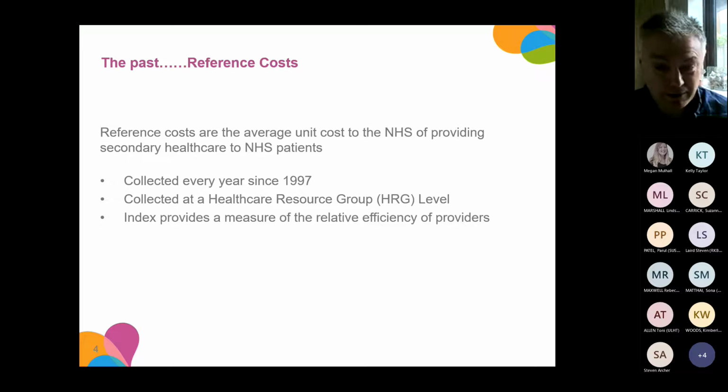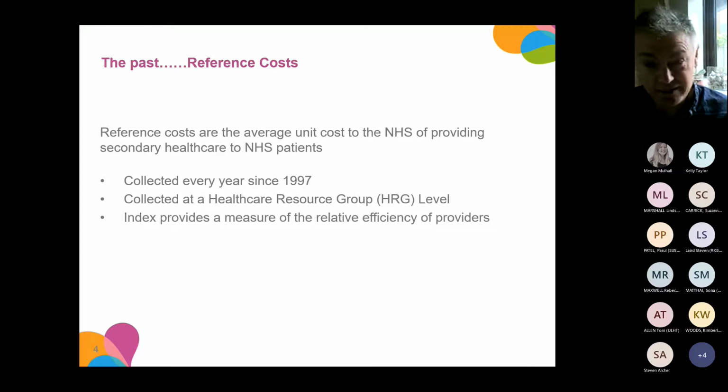Really, we can see where we sit in the pack, and that's what the index referred to on this bullet point is. There's an index against every HRG, which basically, if your index is 100, it means you're at the national average. If it's 110, it means your costs are 10% higher than the national average.